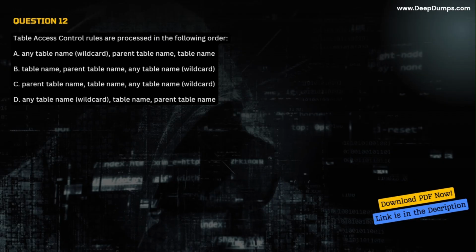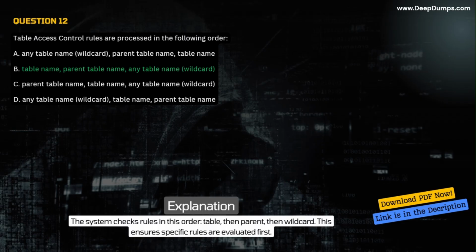D. Any table name, wildcard, table name, parent table name. Correct answer B. Explanation: the system checks rules in this order: table, then parent, then wildcard. This ensures specific rules are evaluated first.